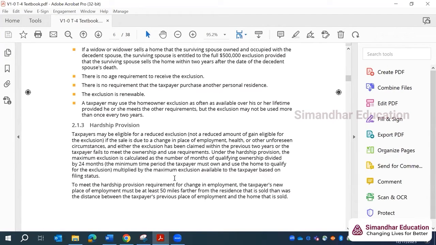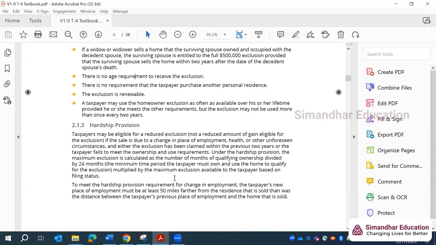Now let's say that the property that I purchased was for $50,000 and I sold the property for $65,000. So my purchase price is 50, my sale price is 65. What is my realized gain in this transaction? My realized gain is $15,000. How much of this gain am I going to recognize?